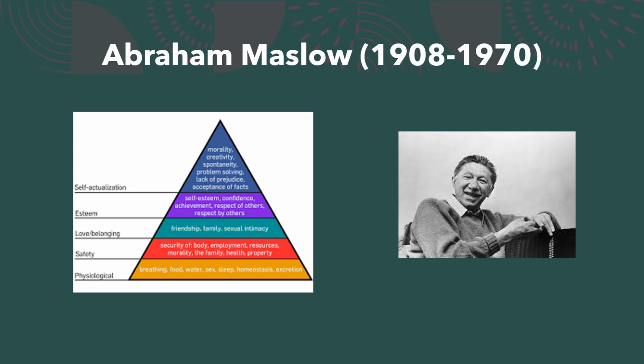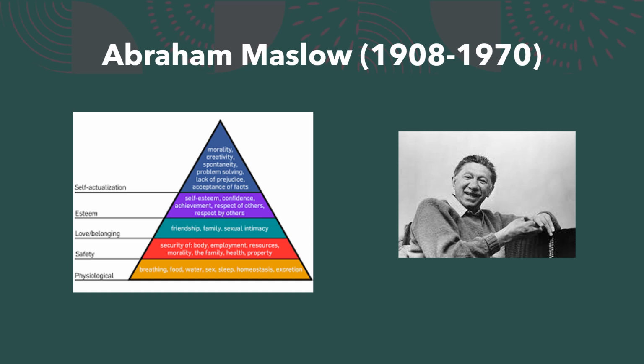So Maslow developed this hierarchy that we see here on the left, the hierarchy of needs, and basically the higher needs only emerge when the lower needs are taken care of and secured. So it makes sense that you'd say that self-actualization is something that only emerges in an affluent society.